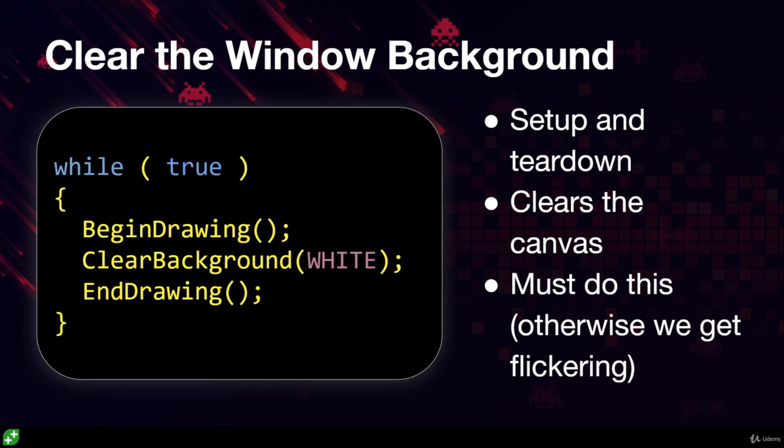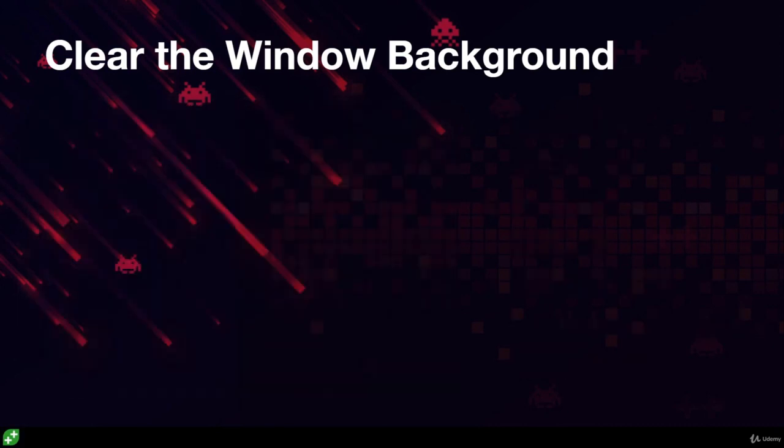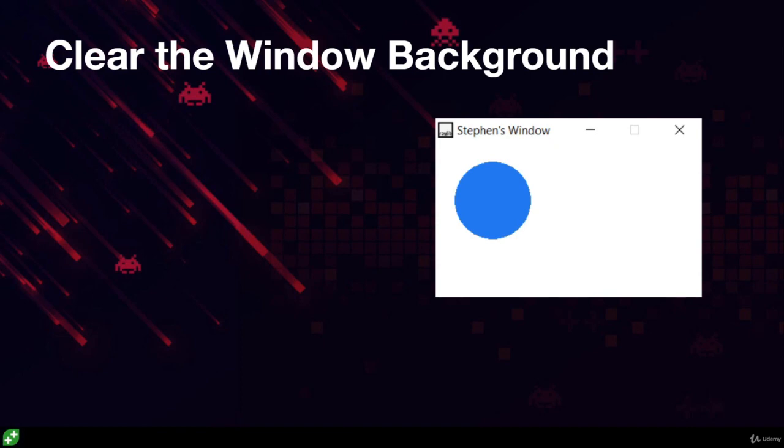This is because once we start calling begin drawing and end drawing, Raylib starts using a technique called double buffering. In a program that has a canvas like this, the image is constantly being updated many times per second. So even though it looks like a moving image, we're really just seeing a bunch of still images updating very rapidly.